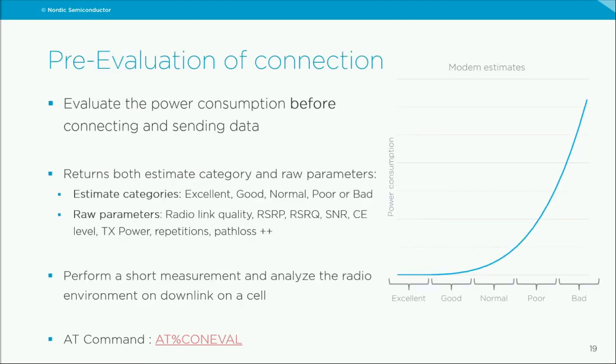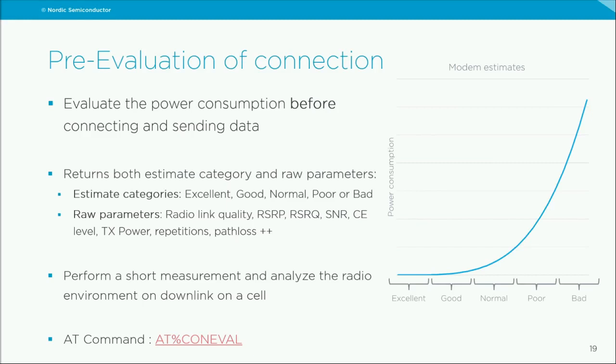And then we have this pre-evaluation of a connection. This is very important before you send your data, and you want to know how much power consumption you're going to use. So this is a clever way that we have solved this issue. So you can evaluate the power consumption before connecting and sending data.